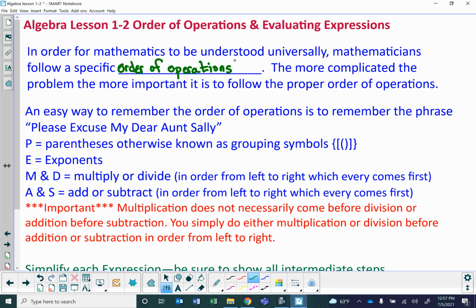If they didn't follow a specific order of operations, then it would be really hard for people to solve problems, because we would do things differently. And that could be really bad because science and health sciences are universal. When somebody builds a telescope, they don't keep that information to themselves. They share it universally.